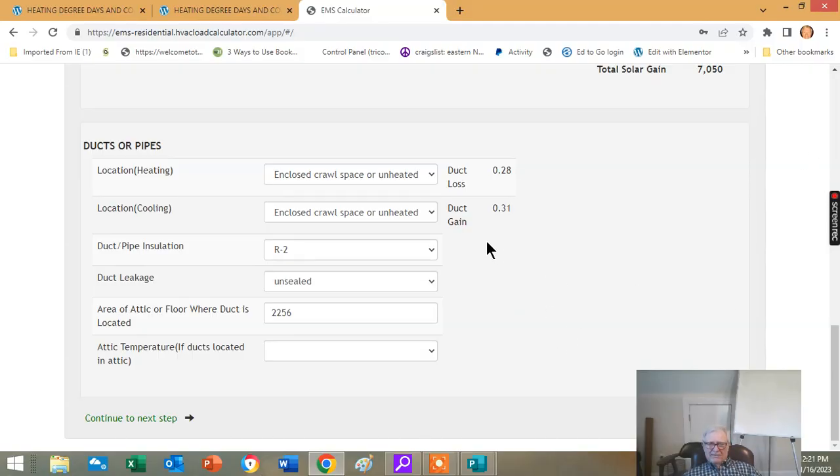For the heck of it, let's just say that we change the ducts, put an R8 on it, and we seal them. Look at that, your duct losses dropped from 28% down to 7% for both heating and cooling. So that's pretty big. That's a tremendous difference.